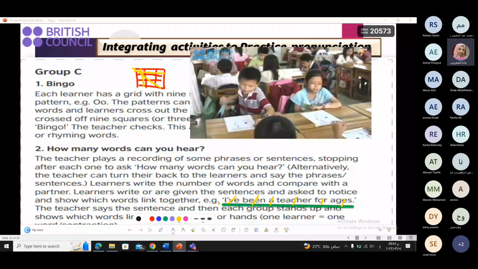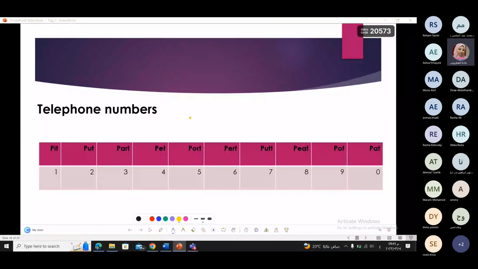Okay. So this is the last activity that we have today. Telephone number. You can draw a grid like this with numbers, and you have different sounds in words. You have the words pit, pot, put, I'm sorry, part, pit, port, pert, pot, peat, pot, and pat. And each word has a number.